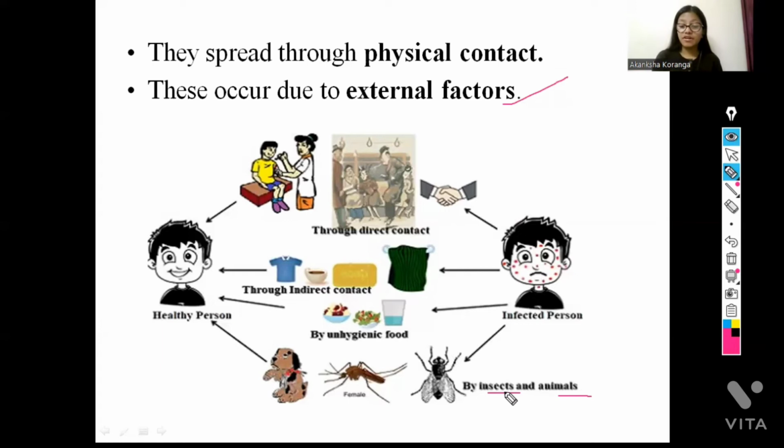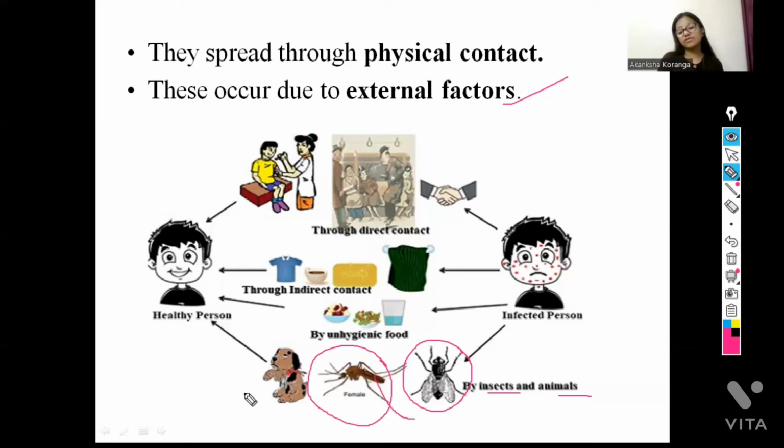So yes, this is one of the reasons why we should always eat hygienic and homemade food, and we should avoid places where there are more insects. These flies are one of the indirect or external factors causing infectious disease, and mosquitoes also cause malaria and dengue.